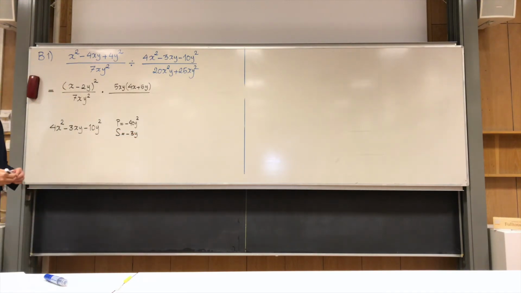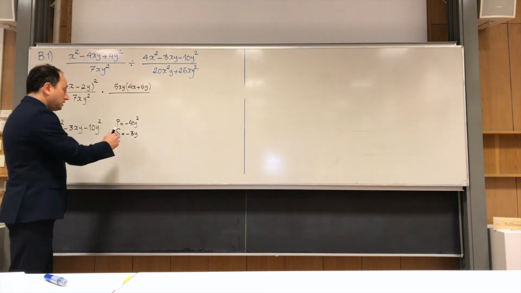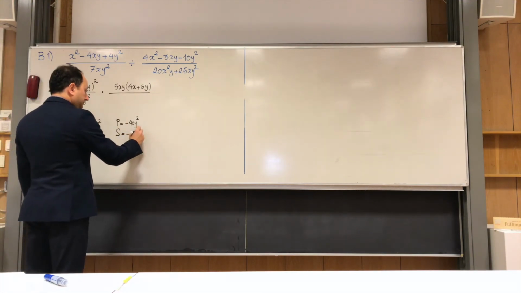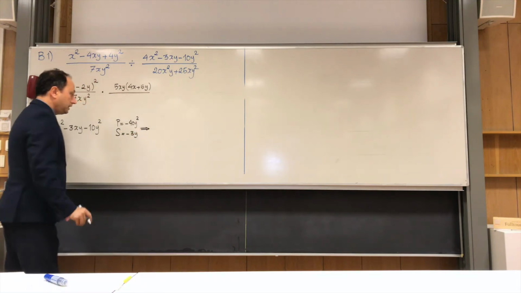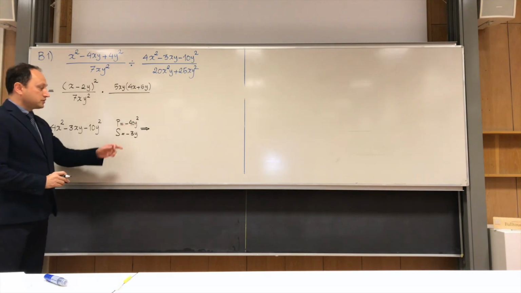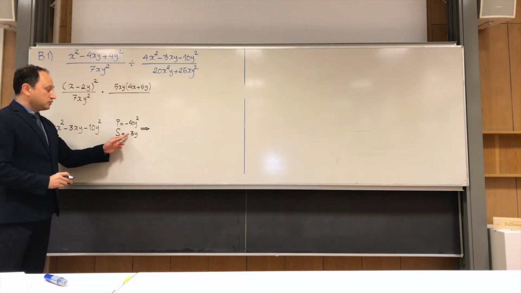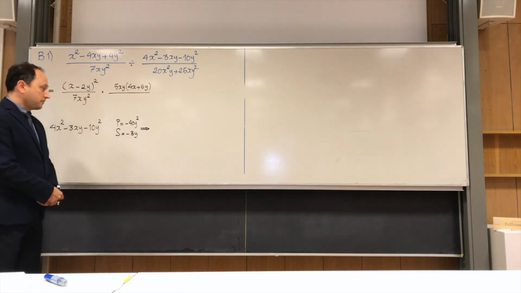Yes? And then here, I can guess what they are. Yes? I need two expressions whose sum is negative 3y, and the product is minus 40y squared. Yes?